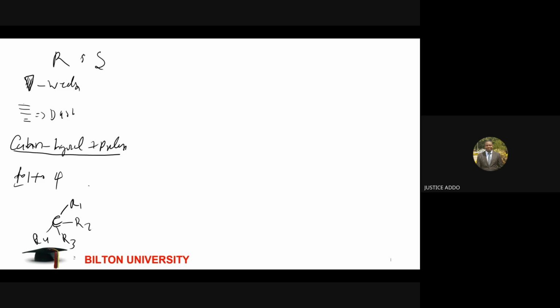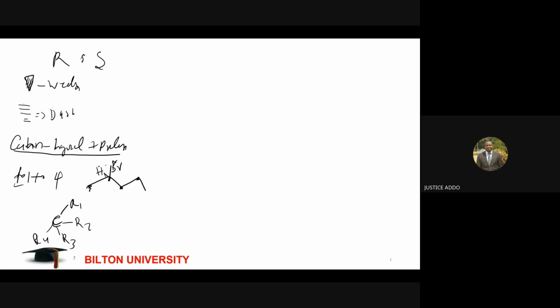For example, if this is my bromine, this is our chiral center, and this is our hydrogen here. I cannot go to this carbon here before I consider this carbon, because it is not directly attached to the chiral carbon. So these are the atoms that I'll give first priority.